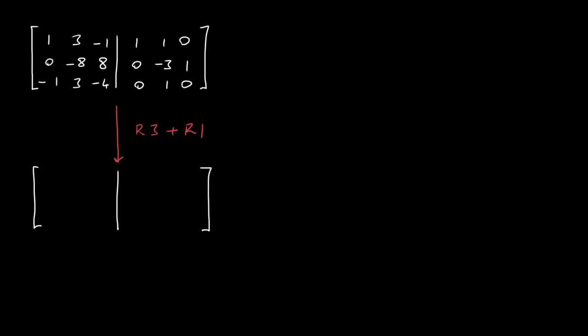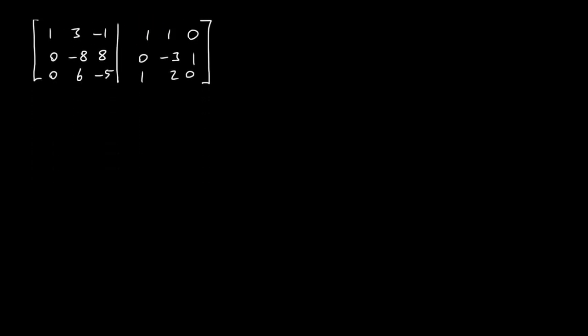That will give me 1 3 -1, 1 1 0 up here, nothing changes with row 1. Row 2 doesn't change either, so I've still got 0 -8 8, 0 -3 1. Now I'm adding row 1 to row 3, so that will give me my 0 down here, which is what I want. I'll end up with a 6 here, and a -5 here, and then 1 2 0 here. Okay, next step.